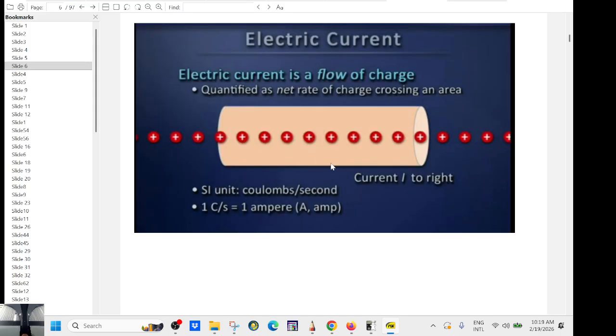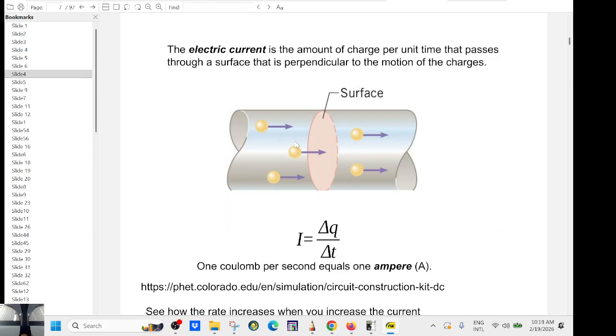We're going to pretend we have coulombs flowing, each little sphere being 1 coulomb. That will be the definition of current: how many coulombs cross through this imaginary surface per second. So it's a rate, like a speed, how fast it's flowing.